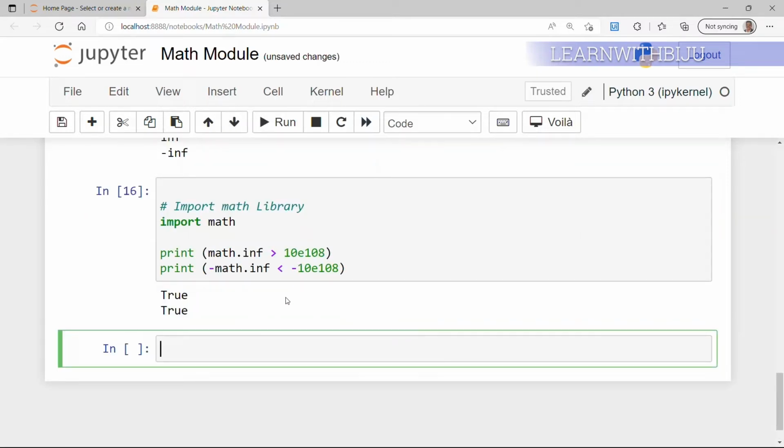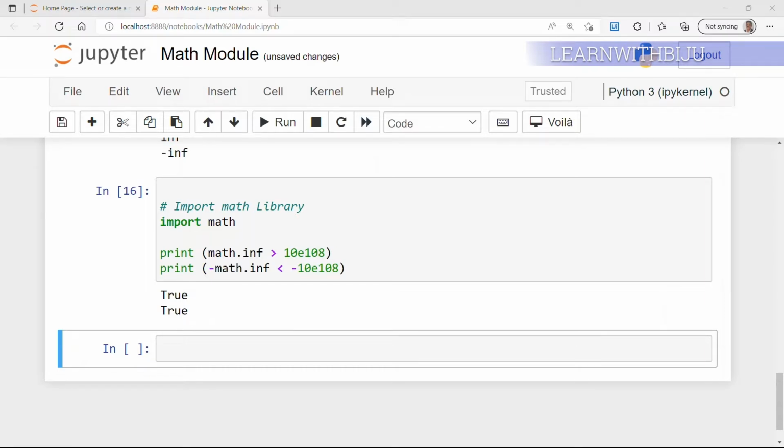Here it shows that math.inf is greater than the maximum positive floating value, and minus math.inf is less than the minimum of the negative floating value. Both are true. That means one time the infinity is greater, the other time the infinity is lesser. Okay. So that is the infinite constants in Python.